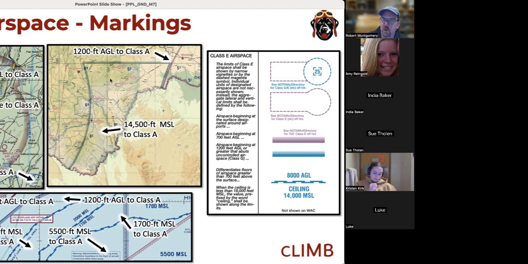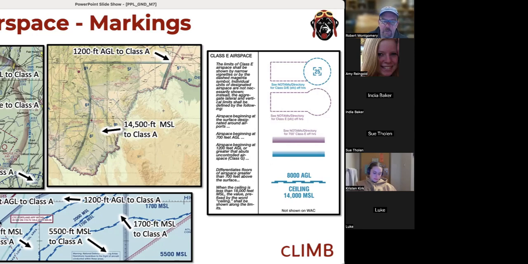I haven't really been showing you this, but don't forget that our sectional charts have a legend, and you can see what that legend looks like. It talks about Class E surface areas around a Class D. Sometimes they protect approaches that way. They have Class E surface areas just as they are. You've got the 700 foot to 1200 foot line. You've got the 1200 foot to 14,500 MSL line.